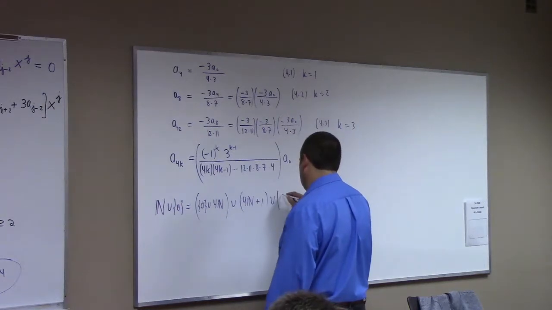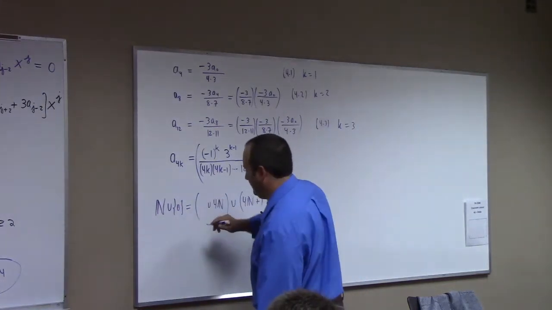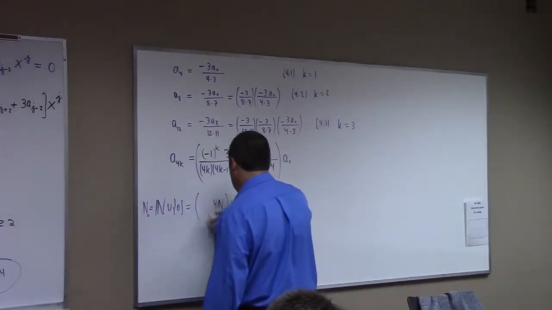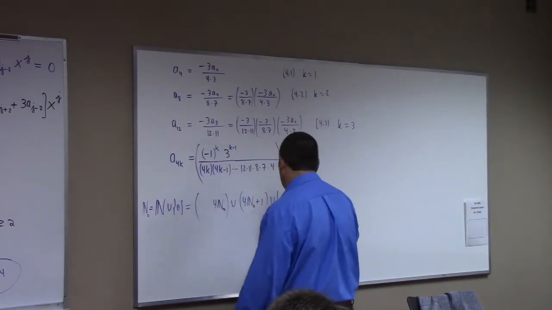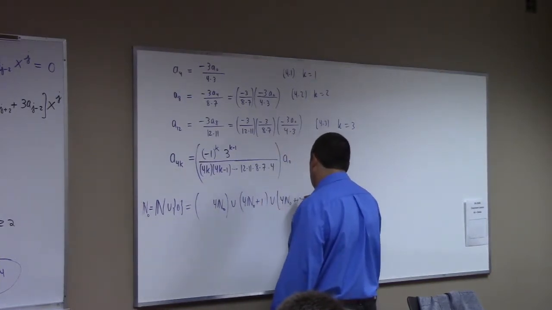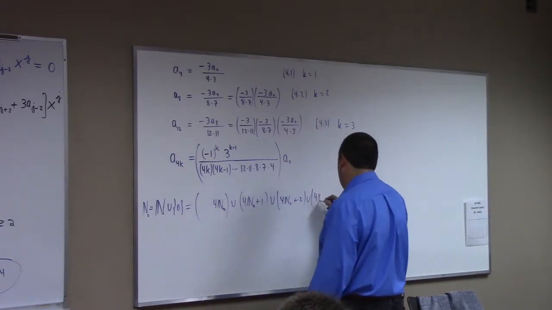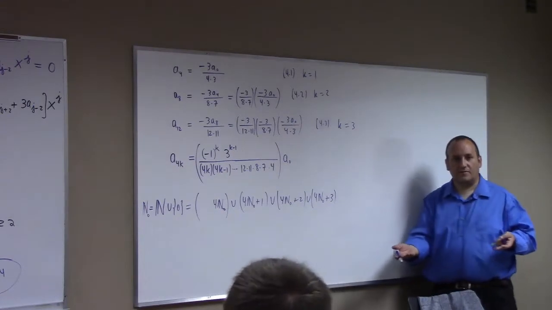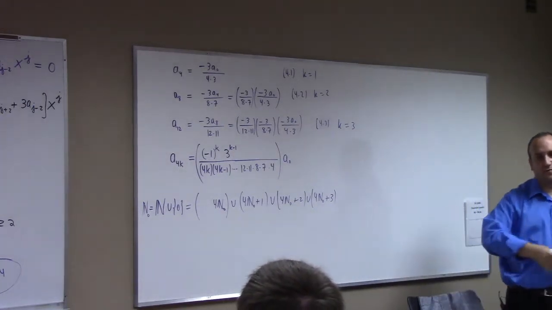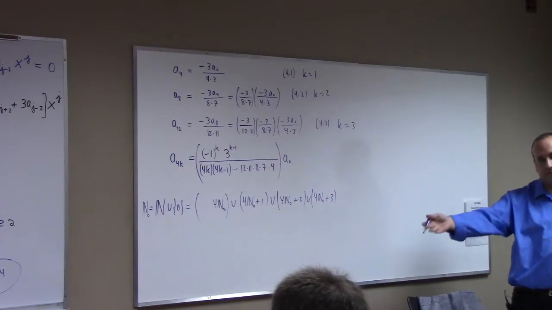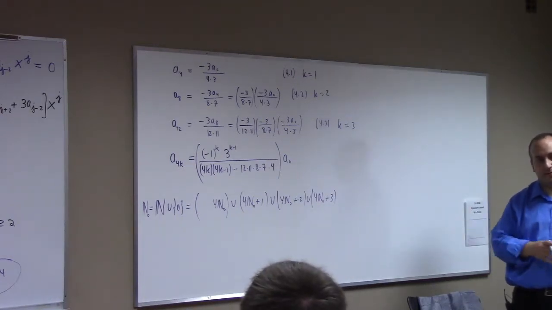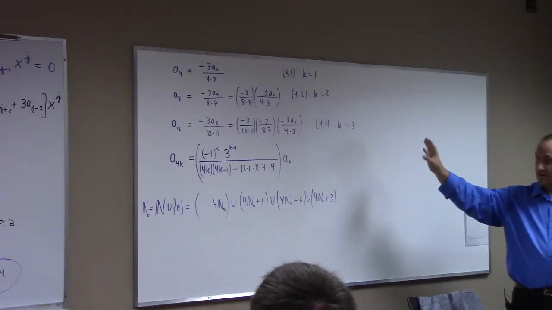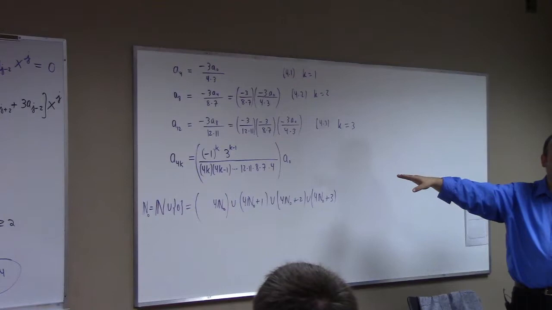Let me call this n sub 0, just to throw in 0 because I'm getting tired of this. 4n sub 0, 4n sub 0 plus 1, 4n sub 0 plus 2, 4n sub 0 plus 3. If you think about counting numbers, you can partition them: multiples of 4, multiples of 4 plus 1, multiples of 4 plus 2, multiples of 4 plus 3. This gets every single possible number, right? So all of our coefficients fit into one of these 4 classes. We figured out what happens for 1/4 of the universe of coefficients at this point.